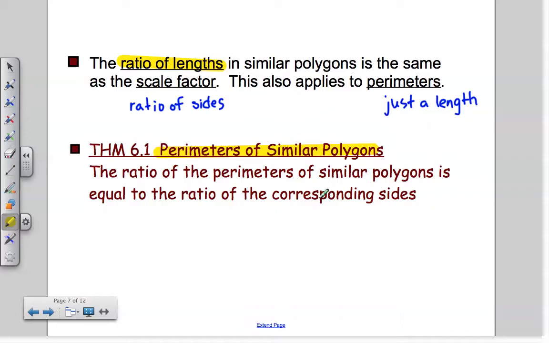If you can find the perimeter of one of the similar figures, you can find the perimeter of the other if you know their scale factor or the ratio of their sides. And when it says ratio of corresponding sides here, I could say or the scale factor, because remember the scale factor is the same as the ratio of the corresponding sides, just simplified.